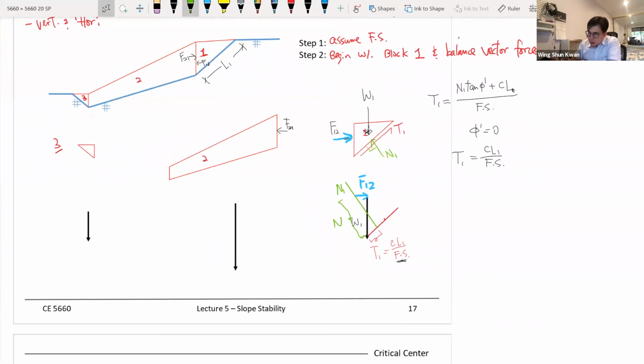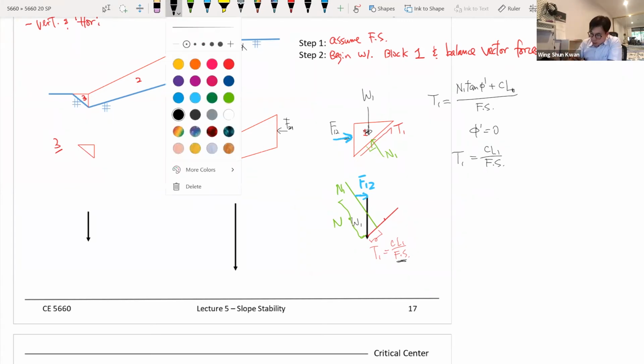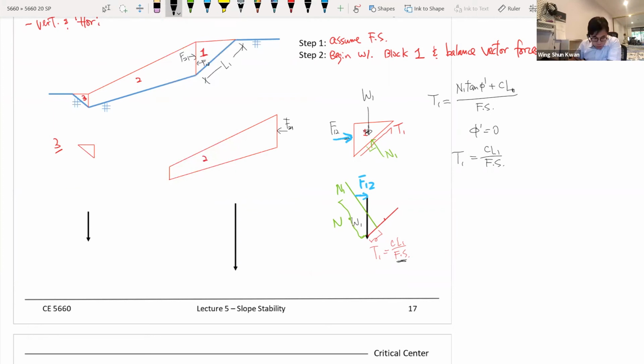So moving on to the second wedge. You find out F12, so you will know F21. They are equal in magnitude but in opposite directions. At the beginning, what you know is W2, right?